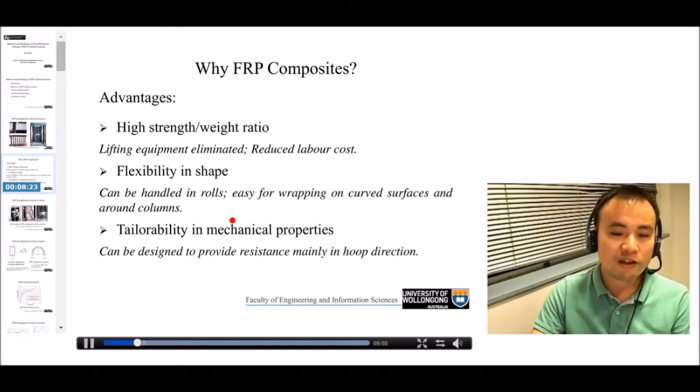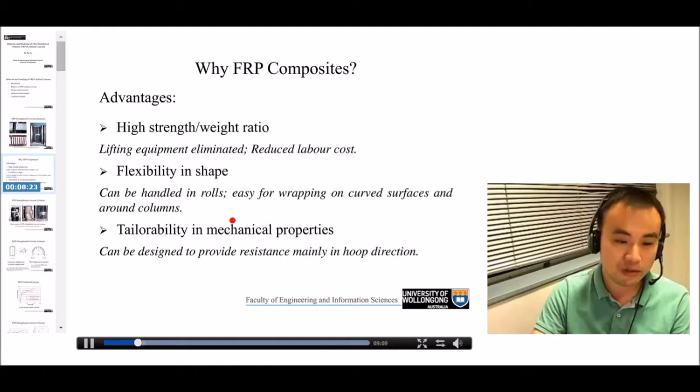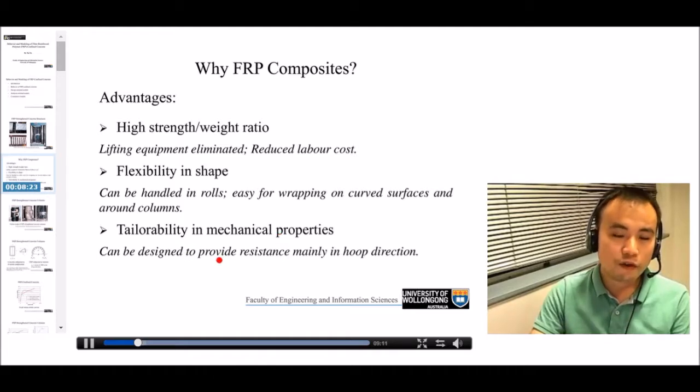This means that the mechanical properties of FRP can be designed by placing the fibers in different directions according to a certain stacking sequence. For example, for confining purposes, the FRP can be designed to have resistance only in the hoop direction. This avoids the problem of potential buckling because of excessive axial stresses.